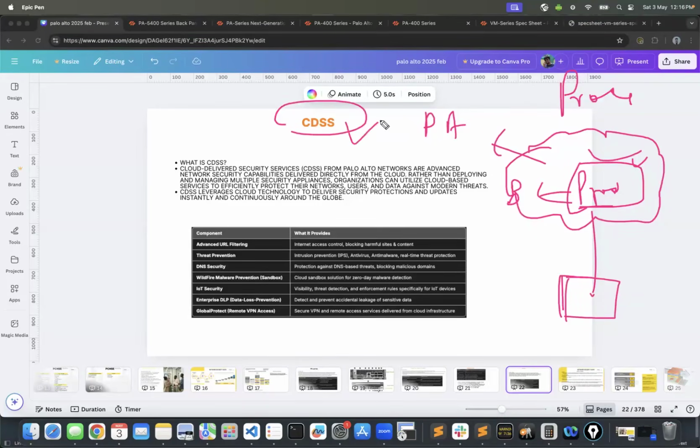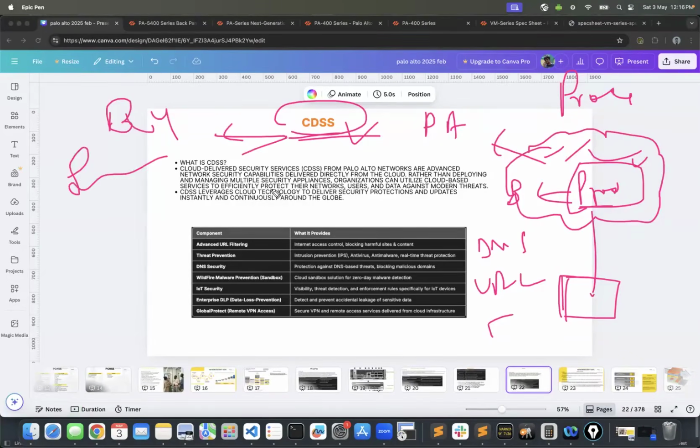Not only this one: DNS service, URL filtering service, IoT, DLP, GlobalProtect, access VPN, threat prevention, IPS, IDS. If everything is taken care of by the Palo Alto Cloud, this kind of service is called a CDSS service, and you have to buy it by subscription. You have to pay for that.